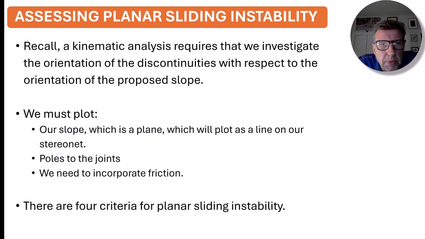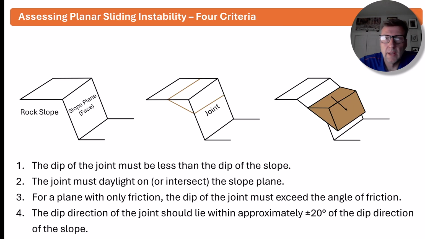However, before we start plotting, let's review the 4 criteria required for planar sliding instability. For planar sliding instability to occur, 4 criteria must be met. If one or more of the criteria are not met, sliding cannot occur.